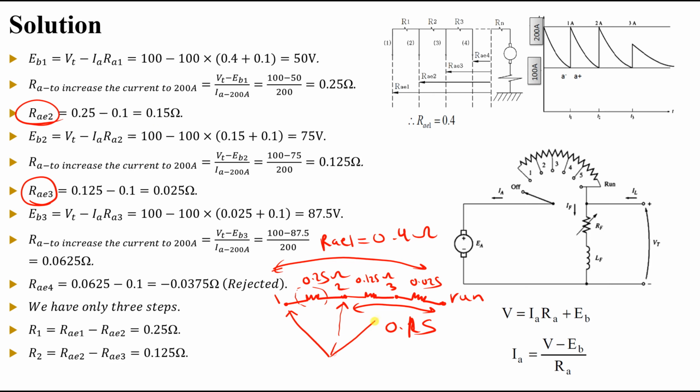Then in the last position, step 3, we will have 0.025, and then after this we will go to the run position. So this is how you design the starting of a DC machine.